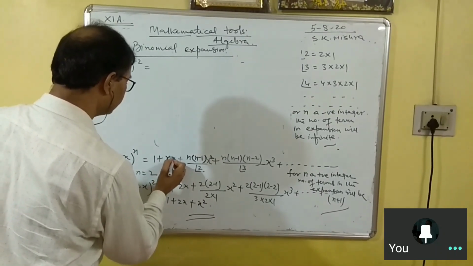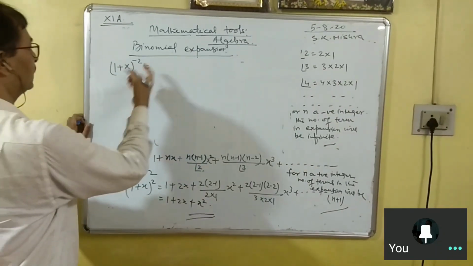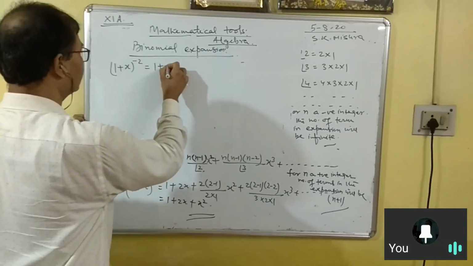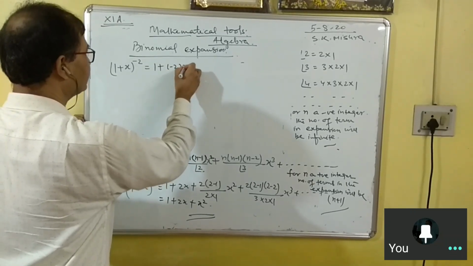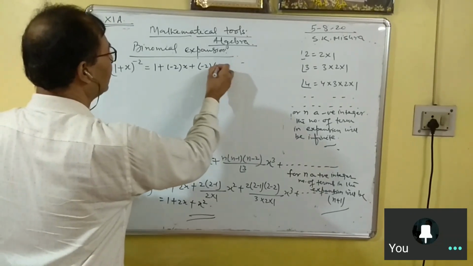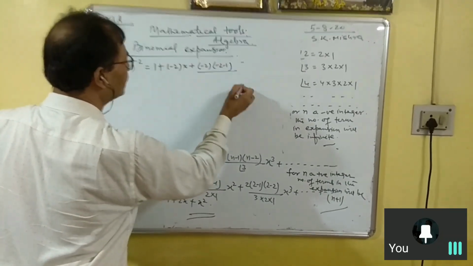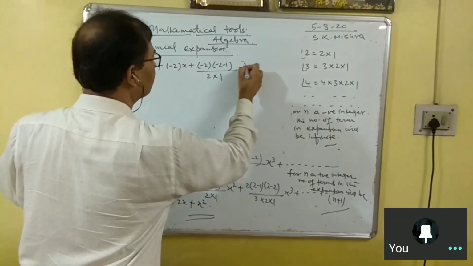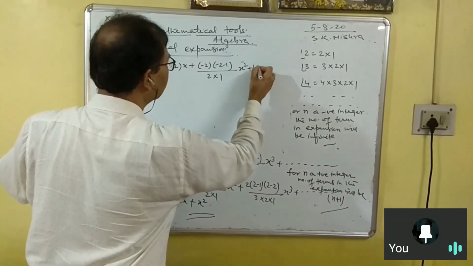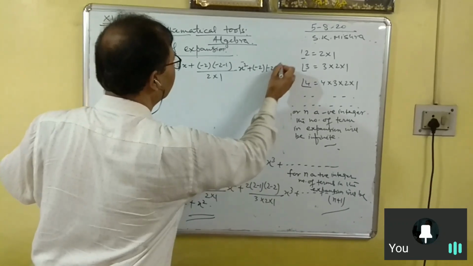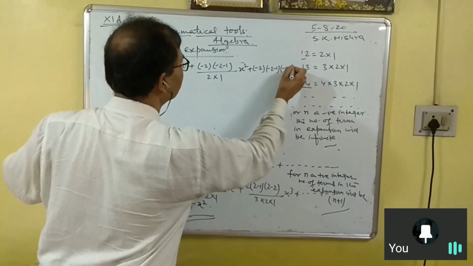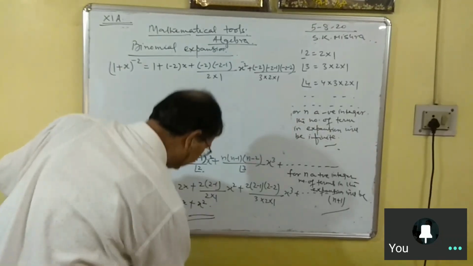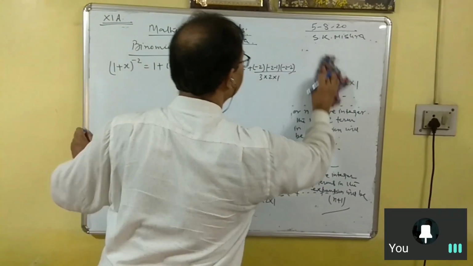Then 1 plus, the formula starts from 1, 1 plus nx, so n means minus 2, x, plus n(n minus 1) by factorial 2, which is 2 into 1, x square, plus, if you want to write one more term, then minus 2 into (minus 2 minus 1) into (minus 2 minus 2) by 3 into 2 into 1, and then x cube.